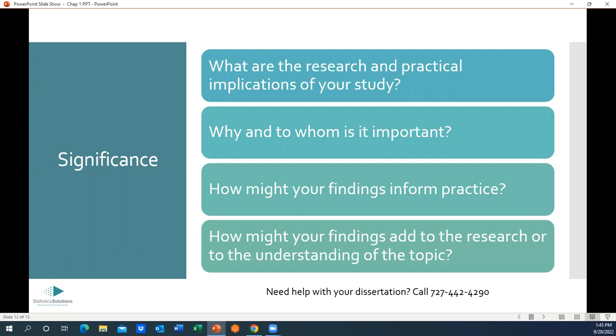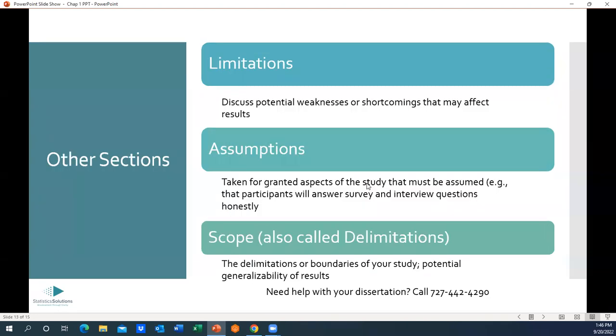In some cases it's not that hard to do, if you're doing a study that's going to enhance somebody's education or well-being or some kind of medical outcomes. The link to positive social change there is usually pretty easy to make. Okay, so that's that section.